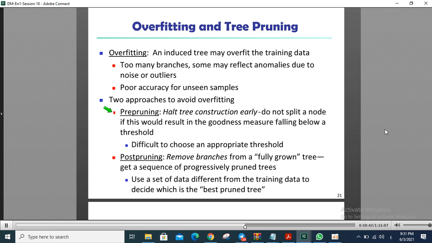So in pre-pruning strategy, before splitting, I should make some calculation and answer this question: is it good for me to continue this partitioning?